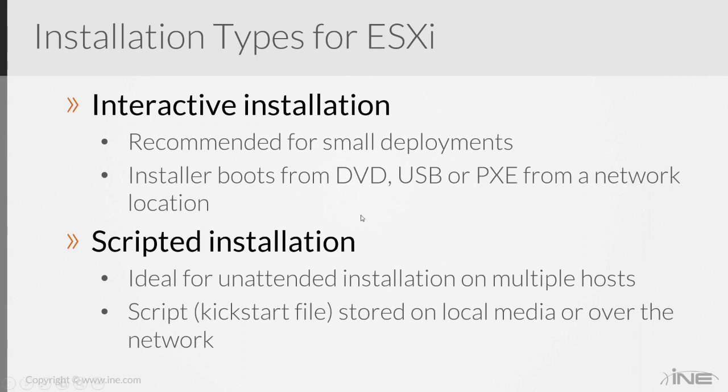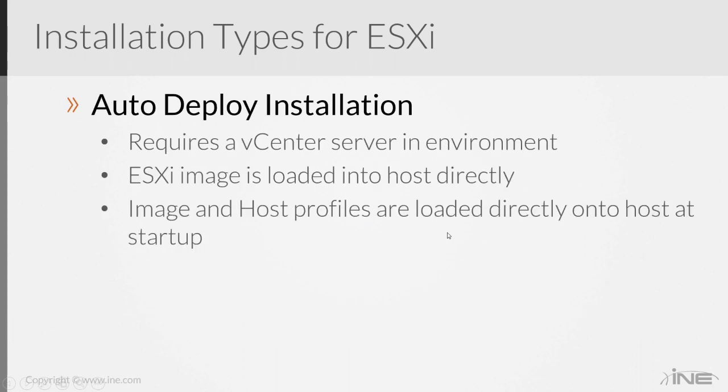Our third method of installation is the automated or your auto deploy installation. This would allow the host to receive a full copy of your ESXi with configuration over the network.